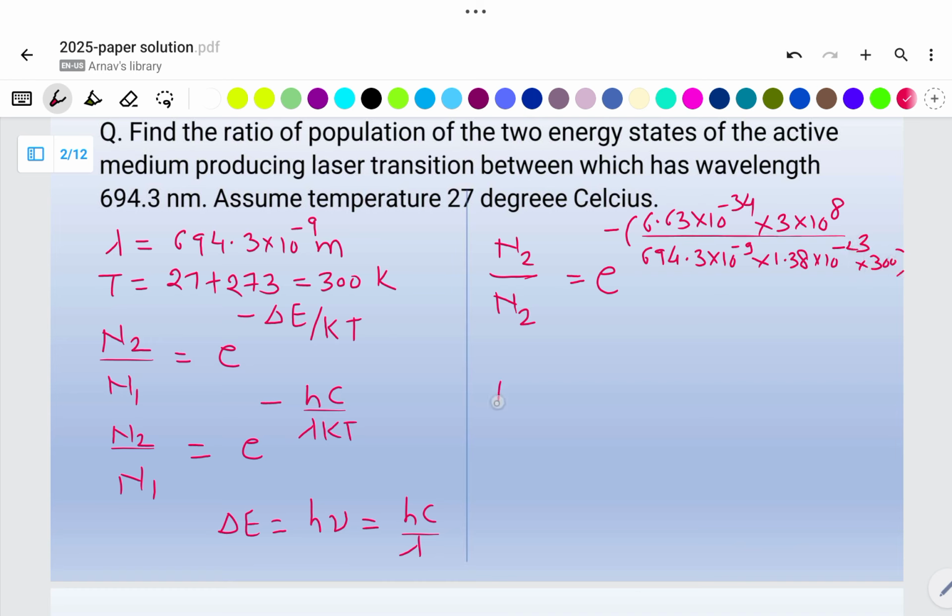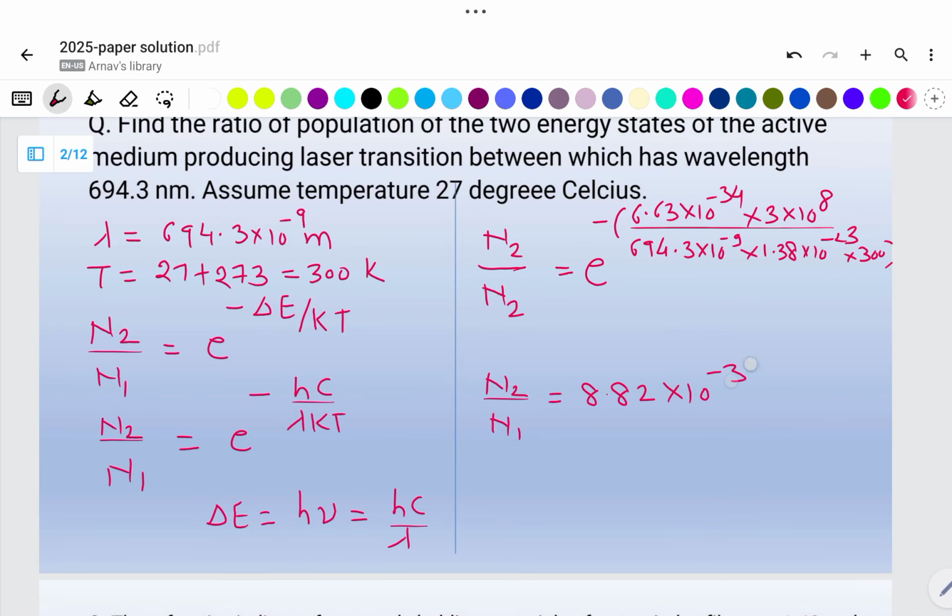When we calculate, we get the ratio of population N2 upon N1 as 8.82 into 10 to the minus 31.